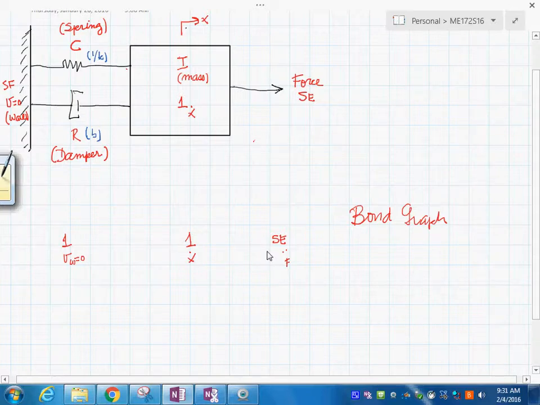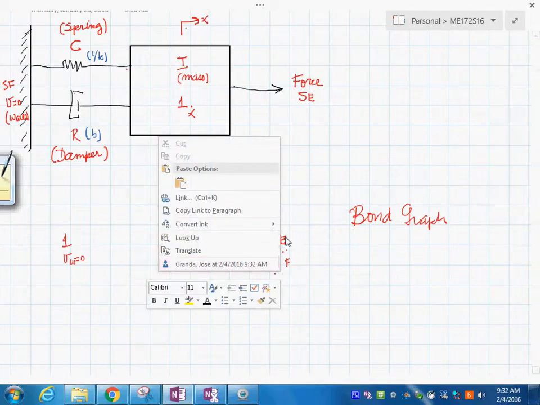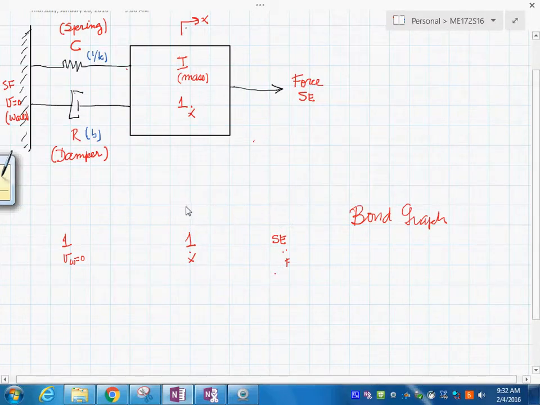So in here we have the basic structure, but we have to have the connection in here. The I element is the mass with value m.